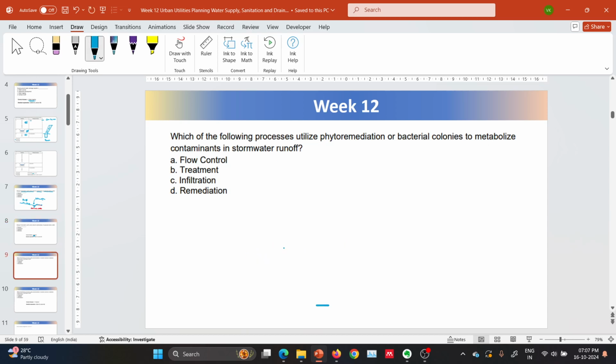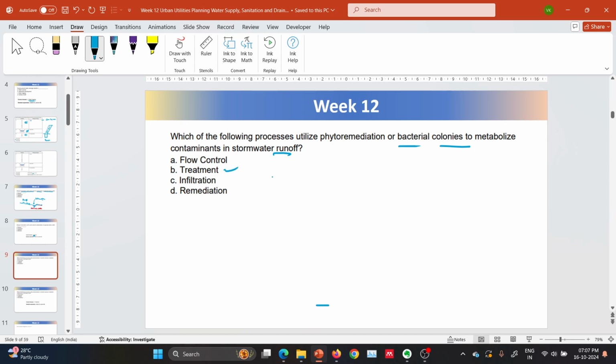Which of the following processes utilize phytoremediation or bacterial colonies to metabolize contaminants in stormwater runoff?